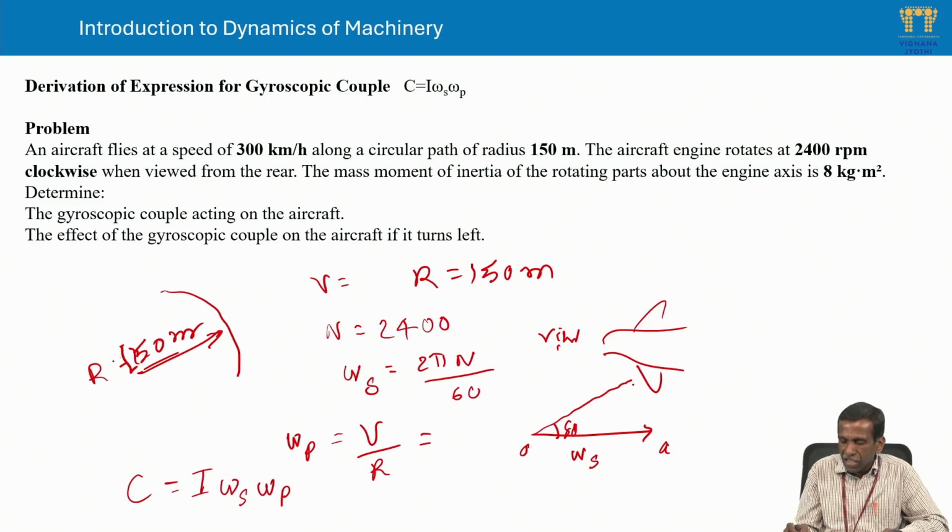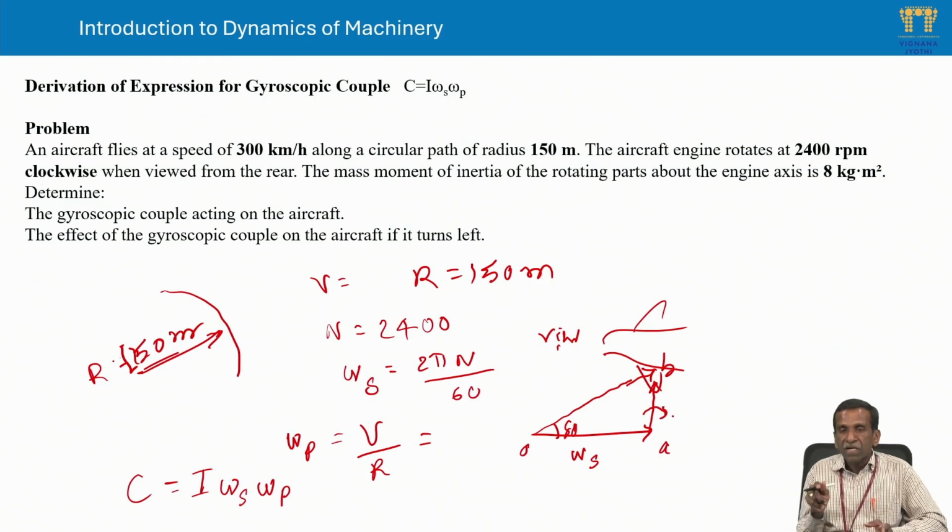After rotating, the position of the spinning body is, let us say, OB. Then the change in the angular velocity is the vector from A to B. That is the gyroscopic couple which causes the rotation.